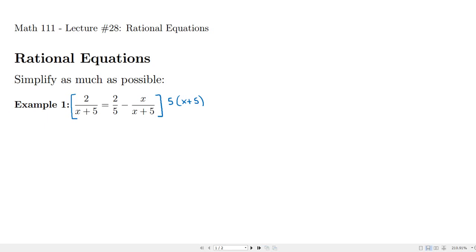So again, what did we do here? We multiply the equation by the least common denominator. That's the key to this.